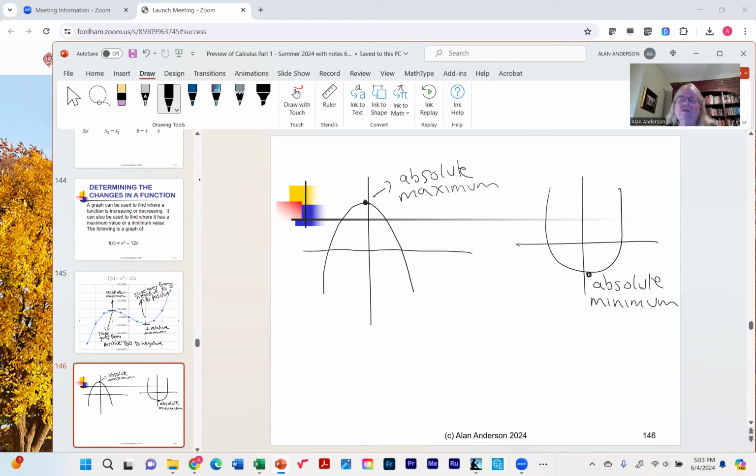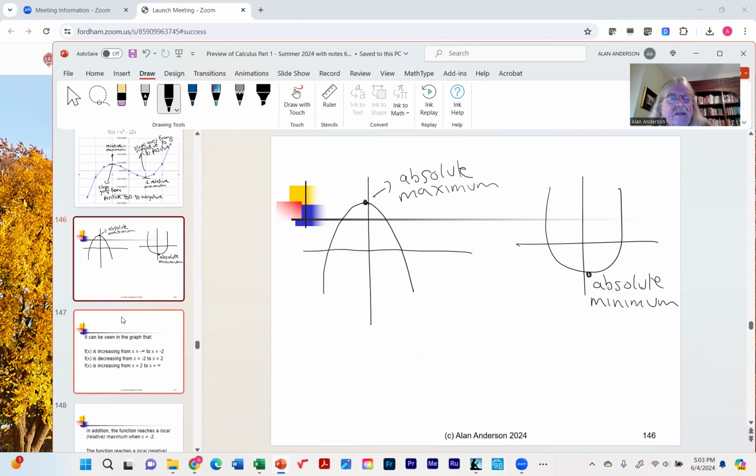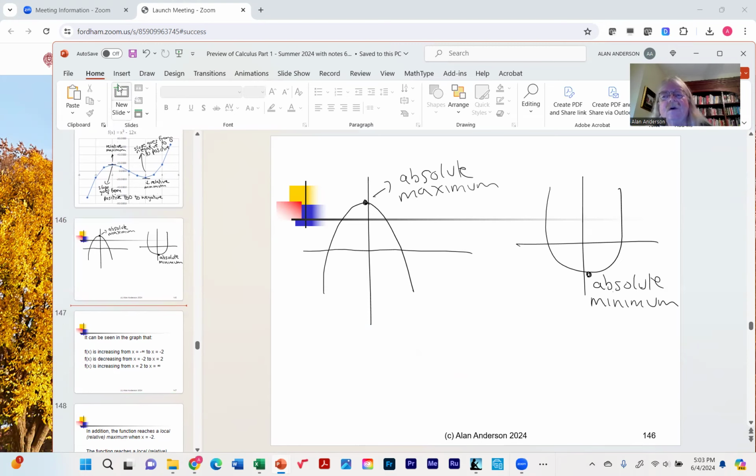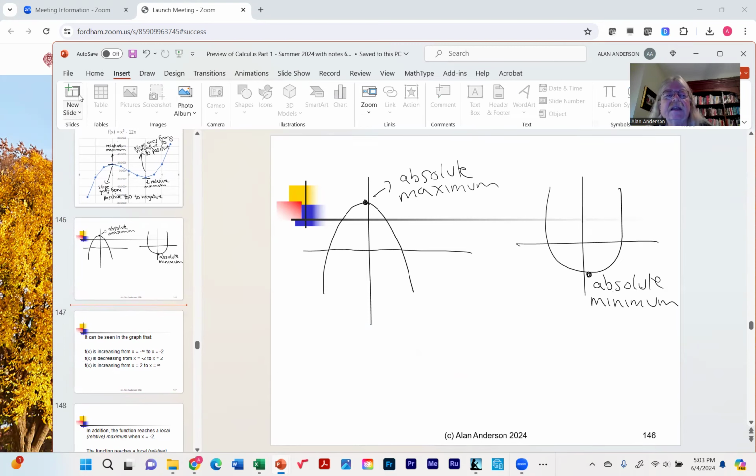Oh, by the way, here's something I've got to mention right up front. As far as spelling is concerned, these are all Latin words, and so pluralization is a little interesting.